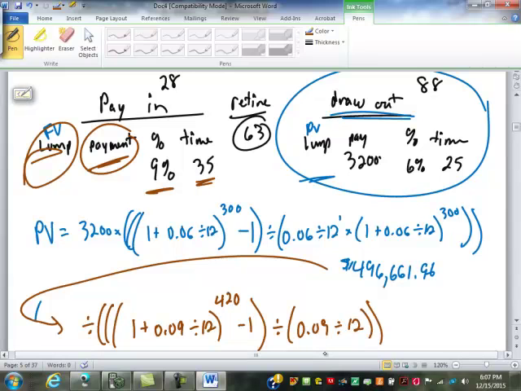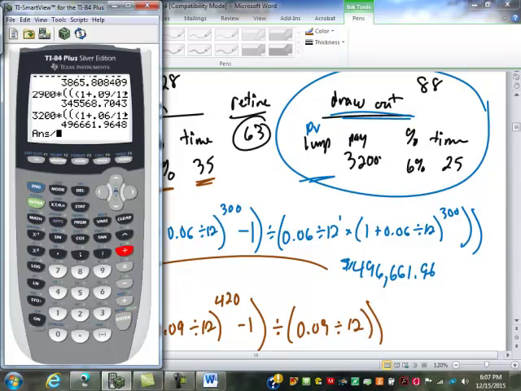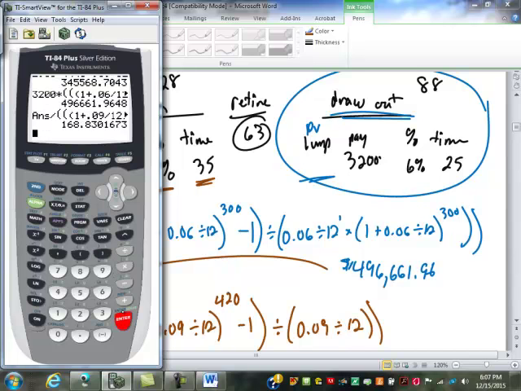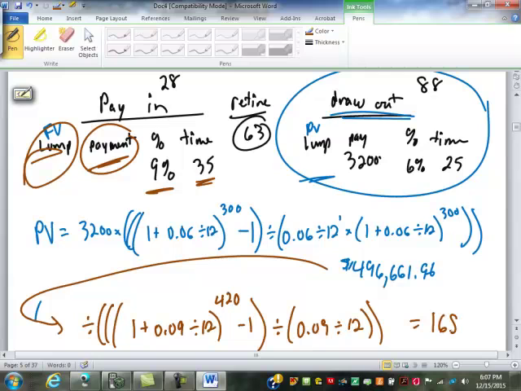No extra term here. $168.83. That's what you need to pay in for number 24.